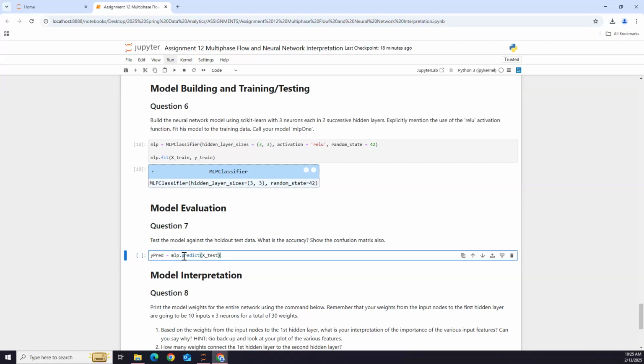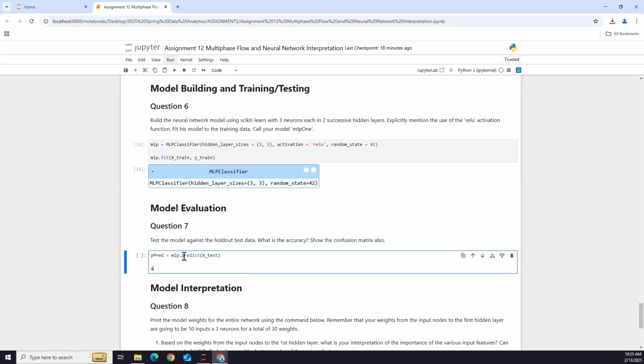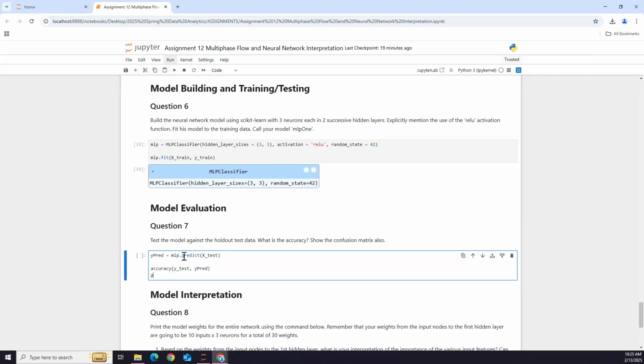And we're going to report the accuracy of those predictions. We're going to compare what was in my test data set with what is being predicted, and I'm going to report the accuracy of this specific classifier. So I'm going to call it test accuracy.